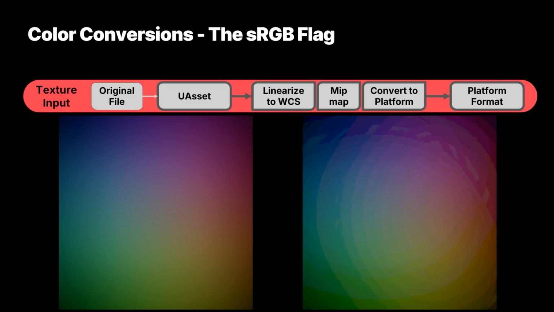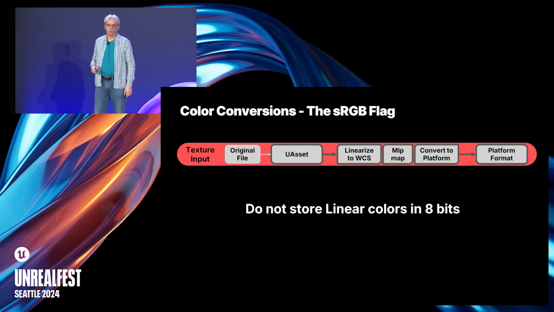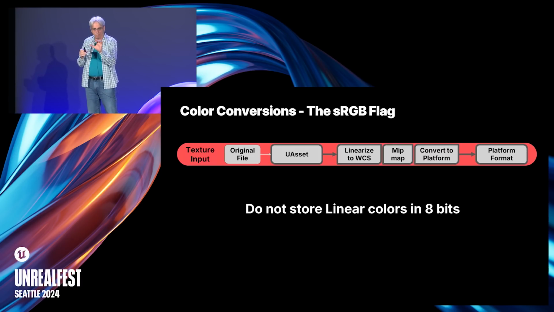We took our data, we linearized it, we mip-mapped it, and then we took that linear data and stored it in 8 bits. Don't do this. 8 bits is not enough room to store linear color data. You need something else to keep track of the amount of subtlety that goes on across the bottom of what the colors are when they're dark. And so 8-bit linear doesn't work out.